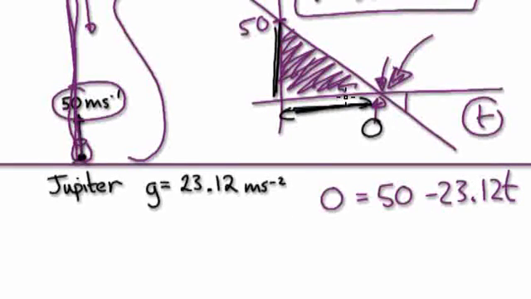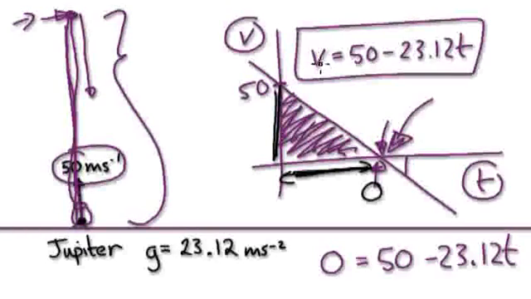So put 0 into this v, because the velocity at this point will be 0, since velocity is decreasing each time. So put 0 into the v to find out the time.